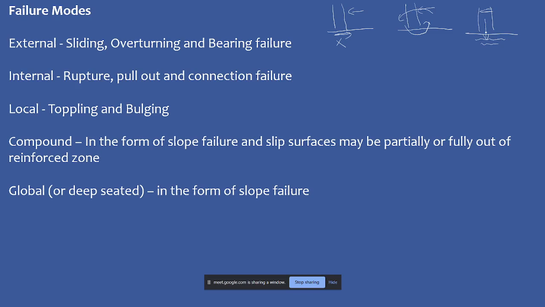Then again there are some other failure modes also. We have rupture, pull out, or connection failure. Rupture is basically when the reinforcement available here won't be able to bear the tensile load coming over the wall, so there will be rupture or breakage in the reinforcement.